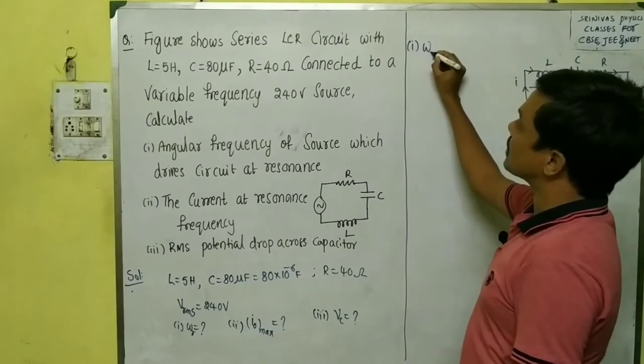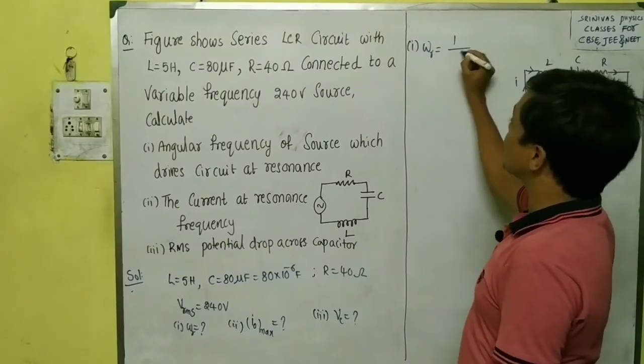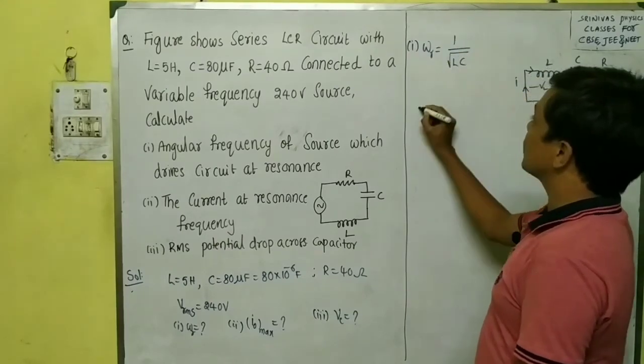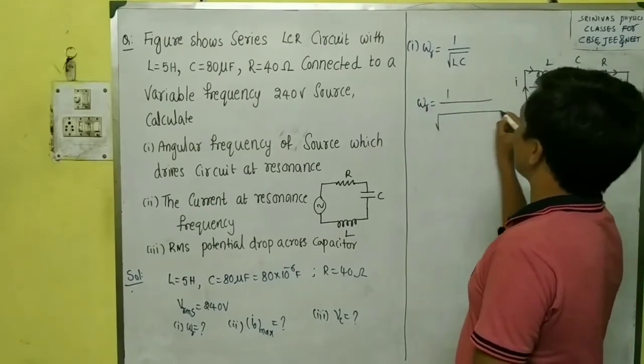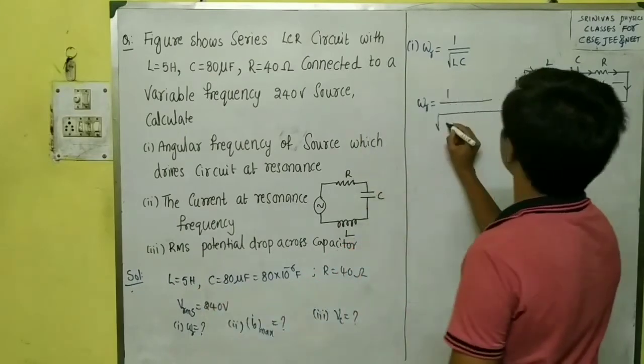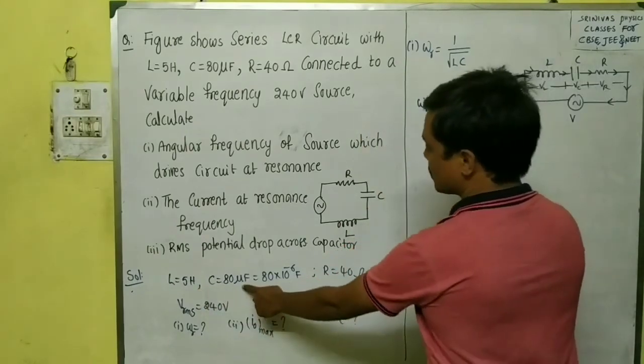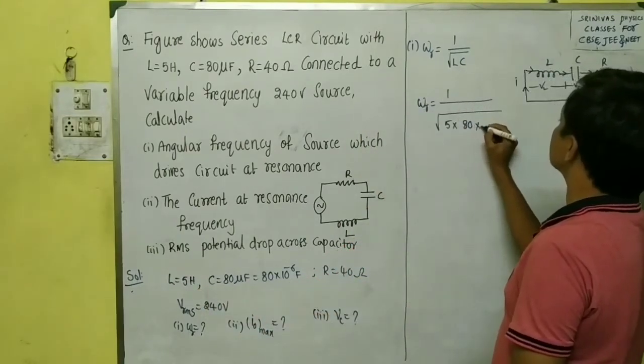Now let us see the first question, the resonating frequency. What is the formula? Omega r is equal to 1 by root LC. Now substitute all values: 1 by root of 5 Henry into 8 into 10 to the power of minus 6.